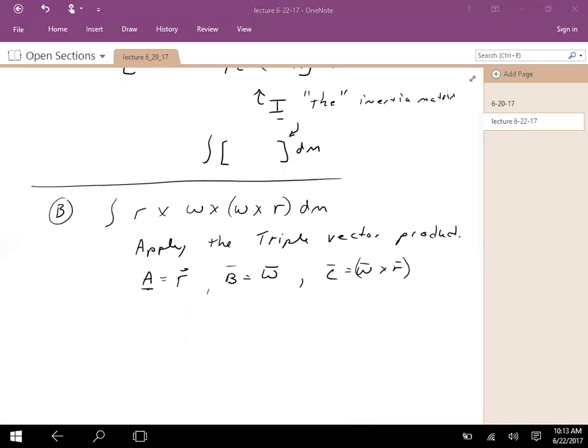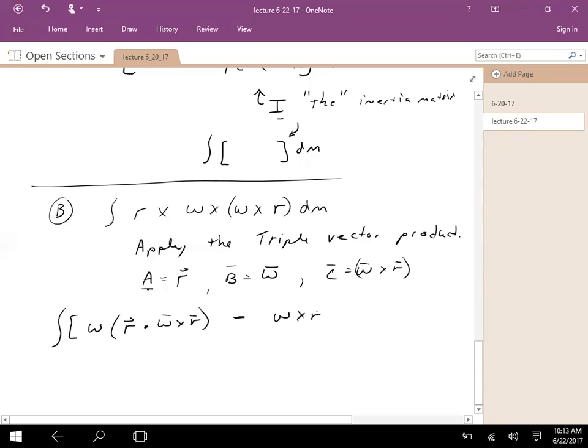If we do that, we now get the integral of back minus cab: omega times A, which is R dotted with omega cross R, minus, that's the cab term, C, which is omega cross R, times A, R, dotted with B, omega.